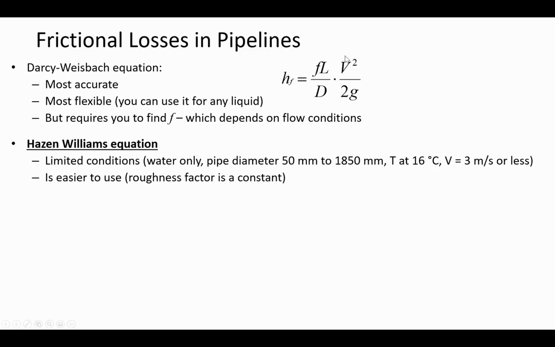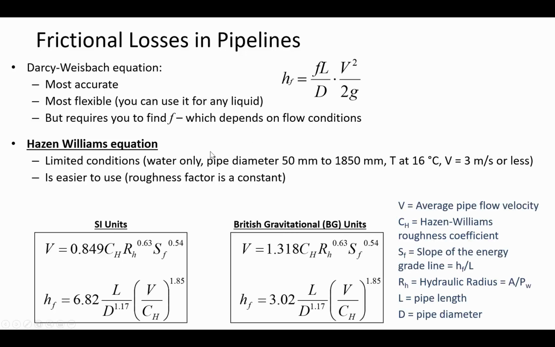It's easier to use because the f value equivalent, which is a C value in the case of the Hazen-Williams equation, it's constant. It depends on the pipe material, and it doesn't depend on the temperature, it doesn't depend on the flow velocity, it doesn't depend on the diameter of the pipe. There's just a given C value for whatever the pipe is made out of.